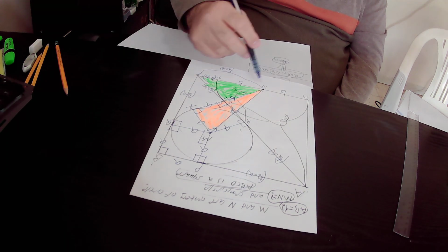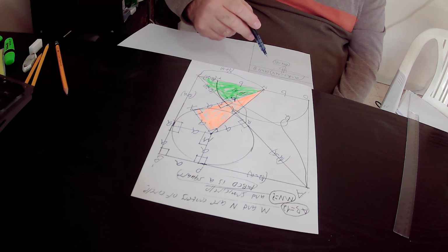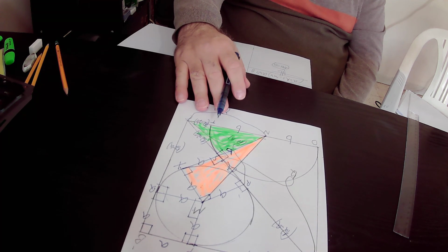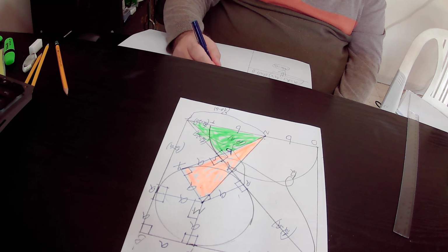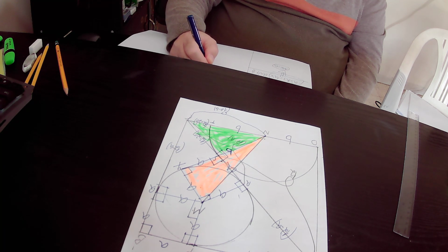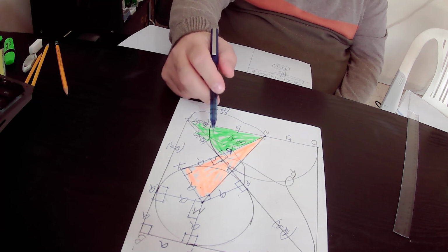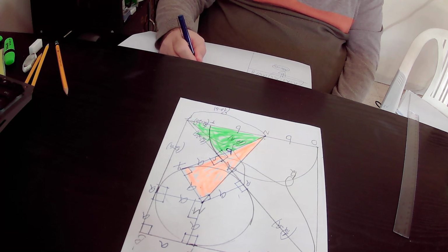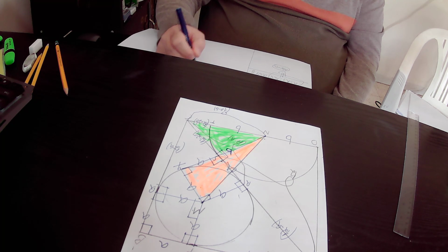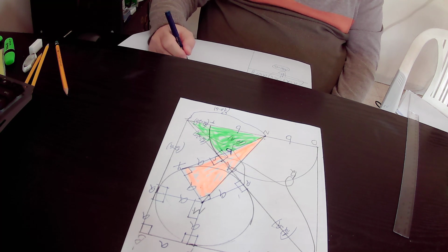The hypotenuse is MN, so the square of the hypotenuse is MN square. And it must be equal to the sum of the squares of the perpendiculars, that is to say, MX square plus NX square.